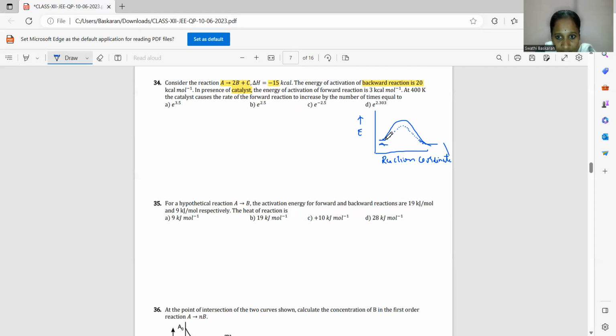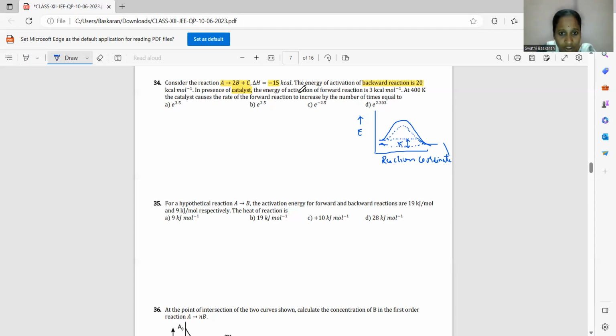The difference between the energies of reactants as well as products is what is called delta H. What is the value given? 15 kilocalories has been given.